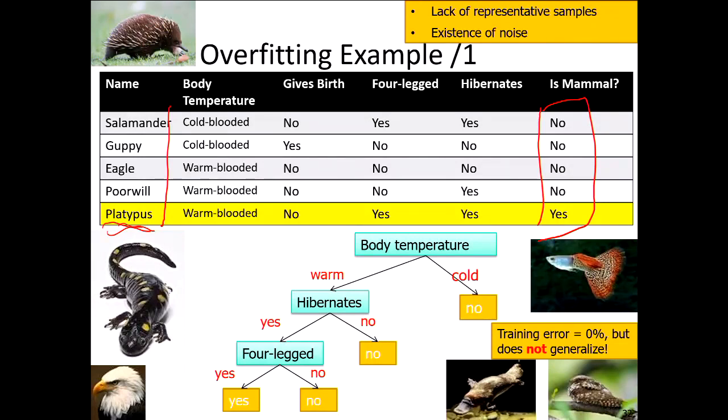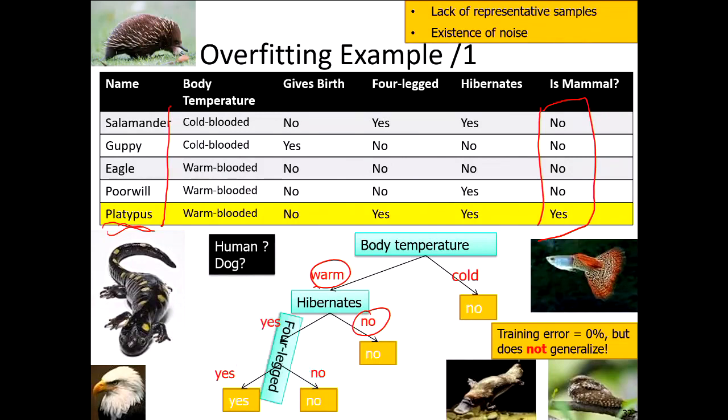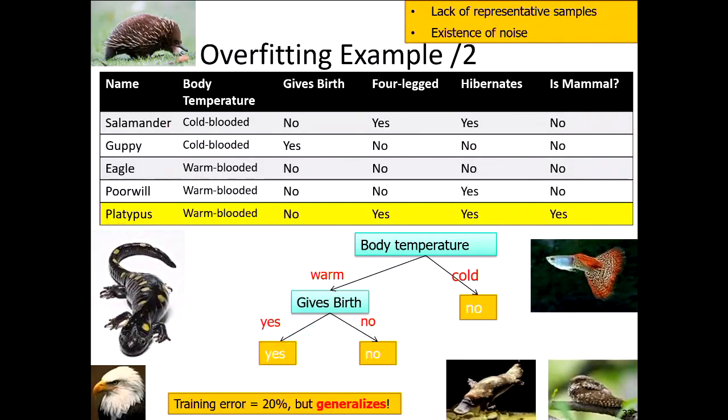Just think of if I ask you if a dog is a mammal. The dog's body temperature is warm, and the dog does not hibernate, so the dog is not a mammal, or a human being, or a kangaroo. So sometimes a smaller model, although there is some training error, is more generalized.